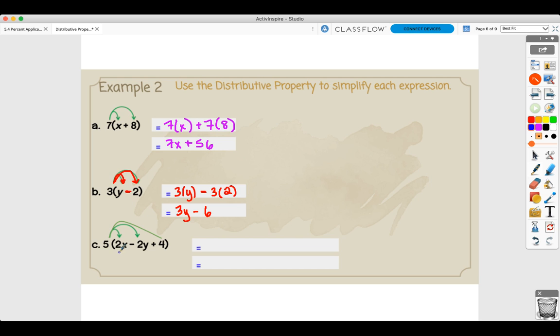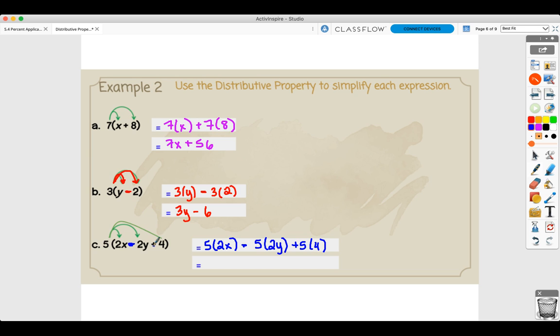Now, don't let the fact that it's a three-term expression inside the parentheses scare you. You're still going to be multiplying the 5 to every single term. So this is going to be 5 times 2x. This is a minus, so take that with you. Minus 5 times 2y, plus 5 times 4.